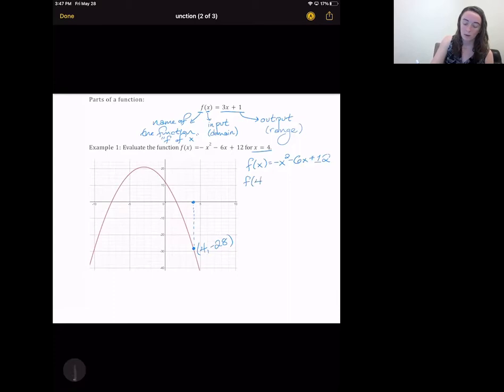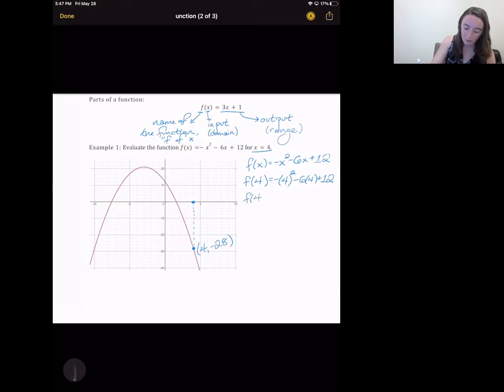So what I'm going to do is replace every x that I see with the input that we want, in this case 4. So everywhere I see an x, I'm just going to write a 4. So this will be negative 4 squared minus 6 times 4 plus 12. And then I can just use my order of operations and simplify.